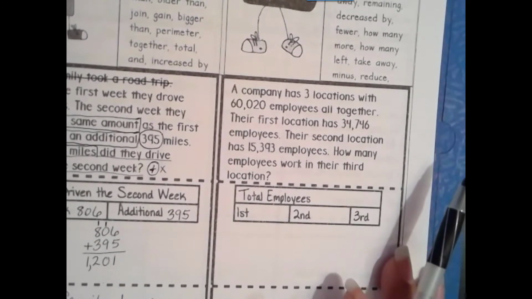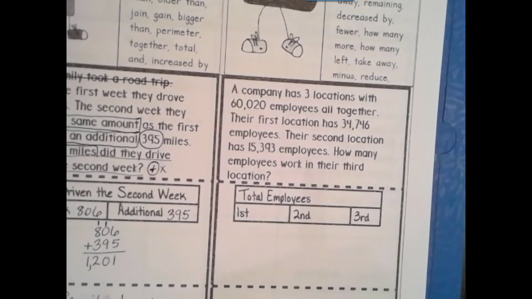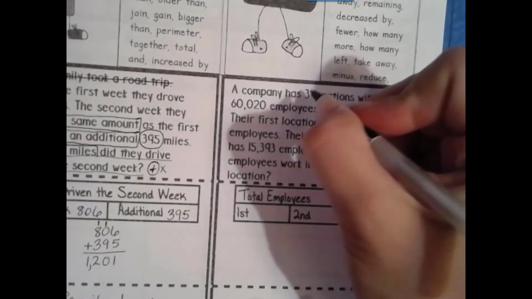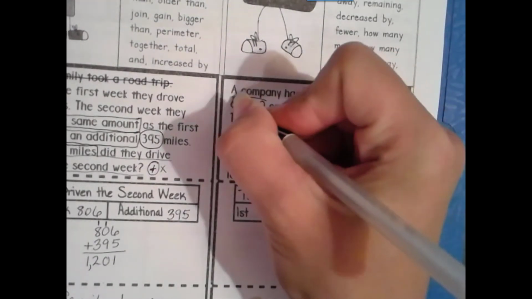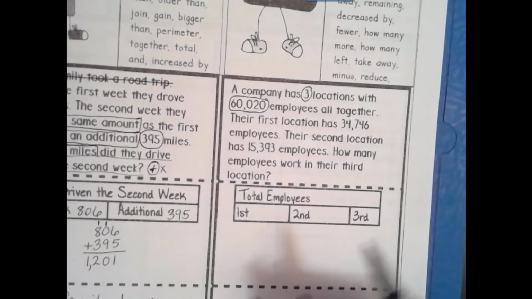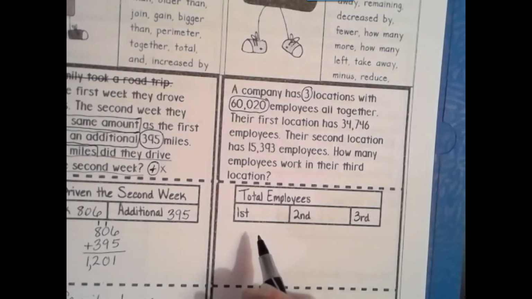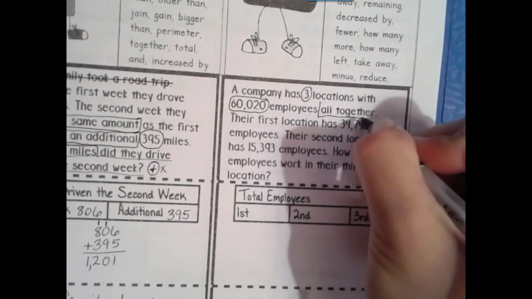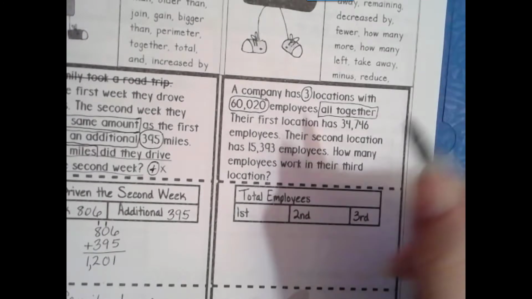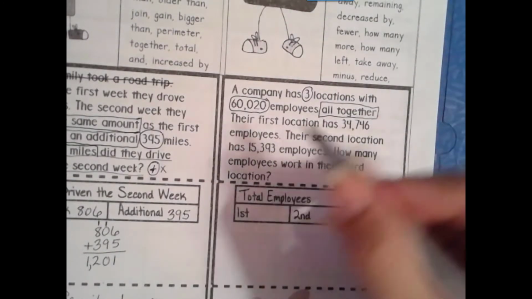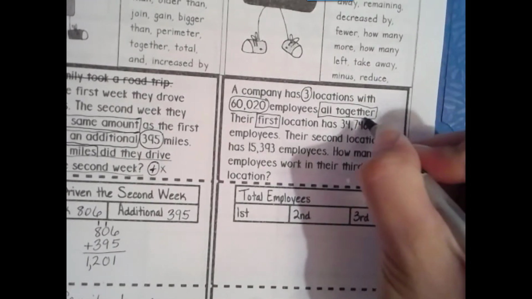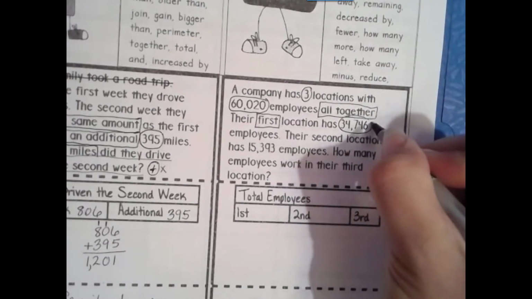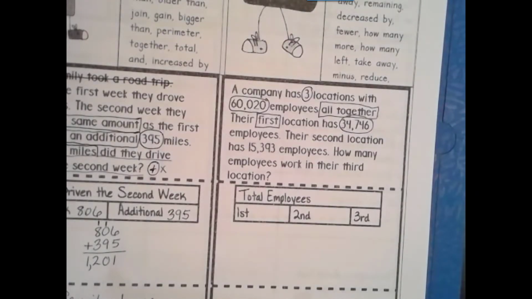Okay, our next problem. So we're going to look for numbers to circle. A company has 3 locations with 60,020 employees all together. That's an important phrase. Their first location, so the first one, has 34,746 employees.